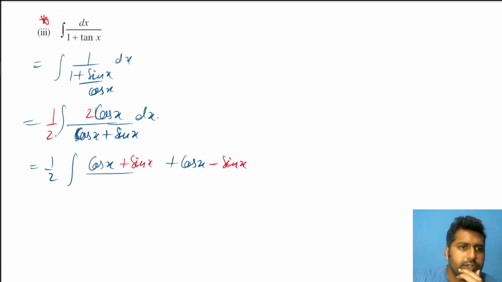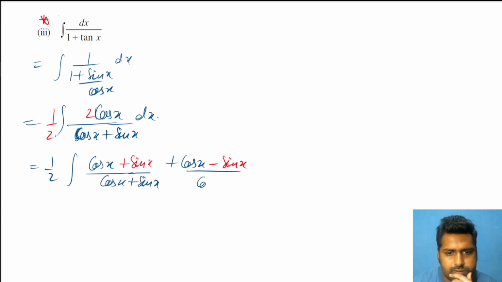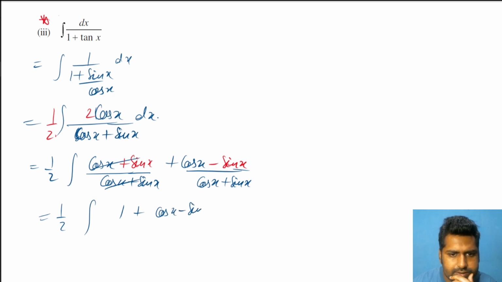And now you split the denominator in two parts. So this becomes cos x plus sin x, this also becomes cos x plus sin x. This cancels effectively. 1 by 2 is with the whole integration: 1 plus cos x minus sin x upon cos x plus sin x dx.